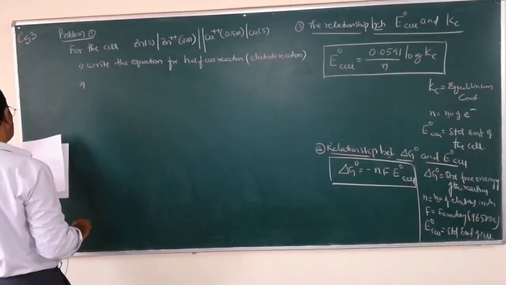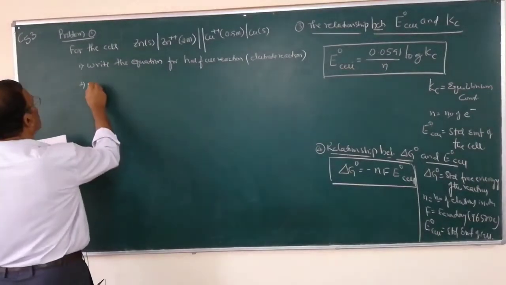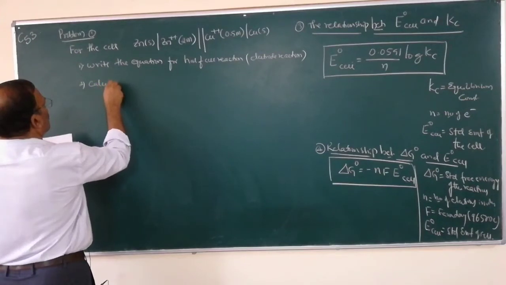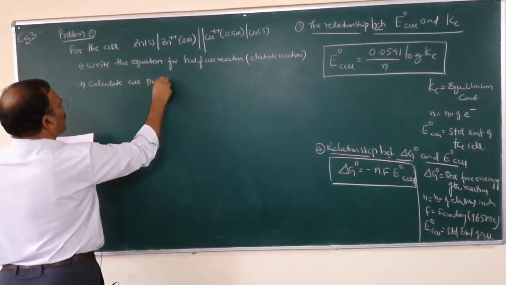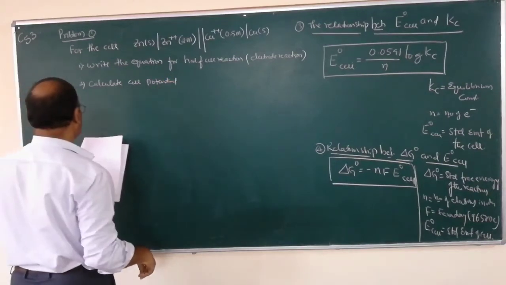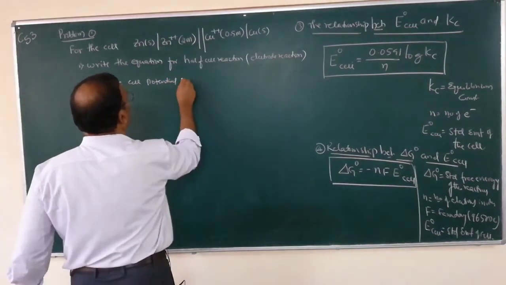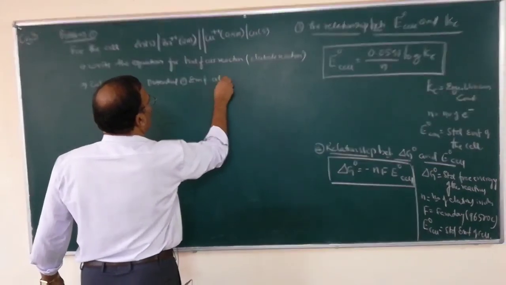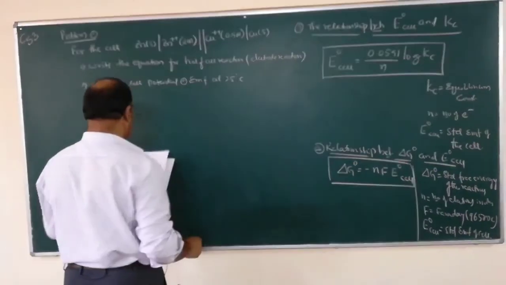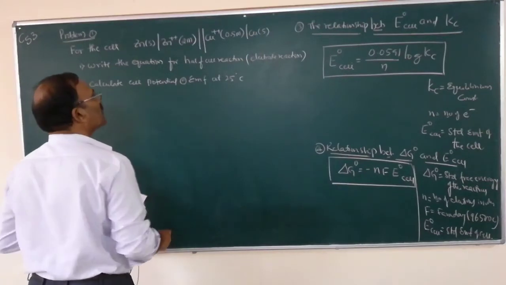Number 2, calculate the cell potential or EMF at 25 degrees centigrade.